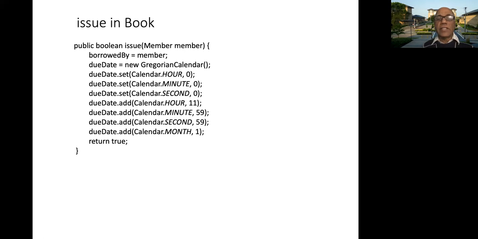So it adds 1 month, and you have to jump through some hoops to get the whole thing recorded as 11:59 p.m. 1 month from now. I had to try some method calls, and some things didn't work out. So this sequence does work.